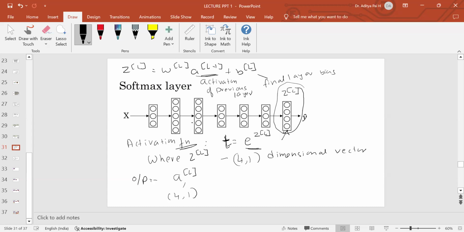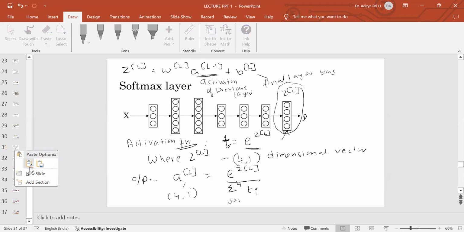So that is equal to e to the power of z of l divided by the summation of j equal to 1 to 4 of t i. Now e to the power of z of l is the activation function applied to z of l, which is the final layer.